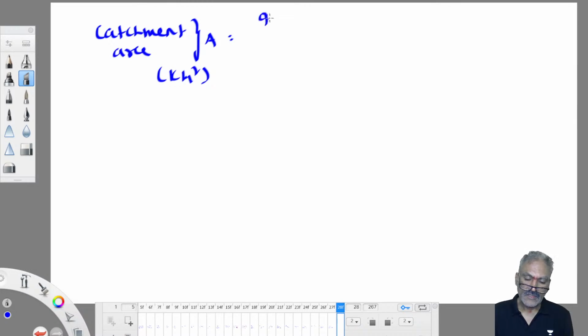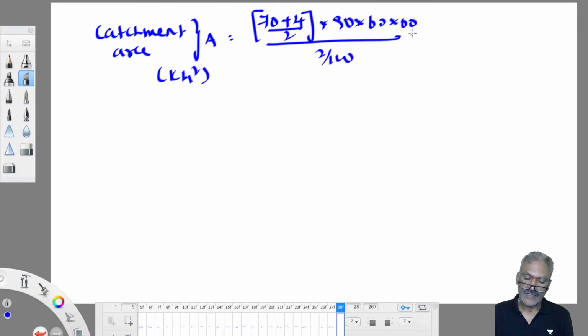Therefore, it is 70 plus 4 by 2 into 90 into 60 into 60 by 2 by 100. This is in meter square. To convert meter square into kilometer square, we divide by 10 power 6. Then you will get the answer straight away in kilometer square.